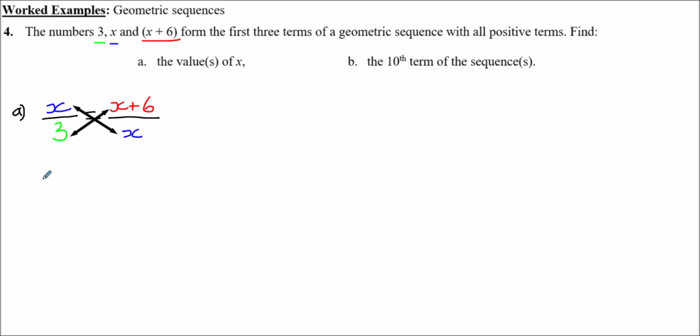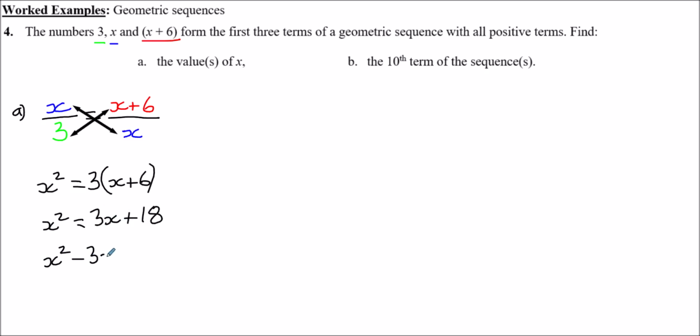So x times x, which is x squared, has to equal 3 times x plus 6. We can now expand this. 3 times x is 3x, 3 times 6 is 18. Get it all onto one side equaling 0, so take away 3x and take away 18. Gives us this.